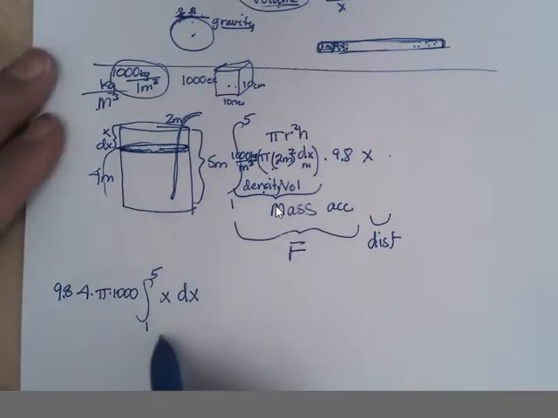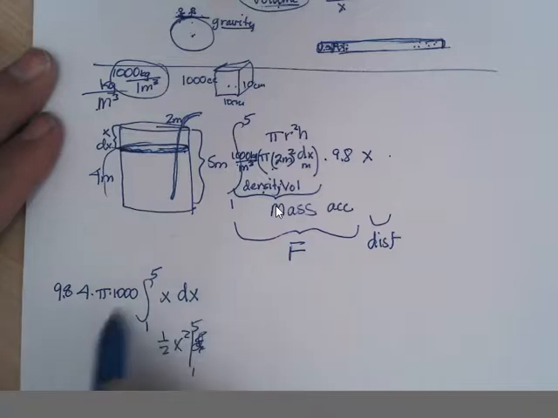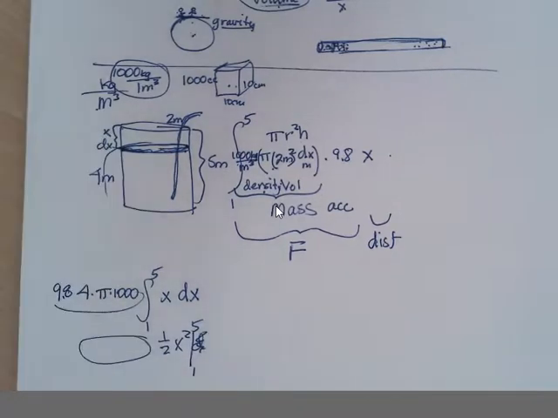So we integrate that. We get 1/2 x squared, evaluated from 1 to 5, times all these constants. And that would give you the work to move the water out of that tank.